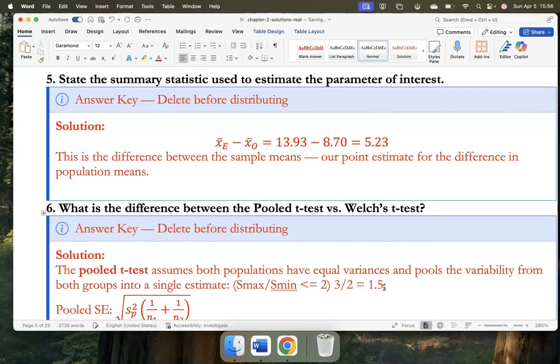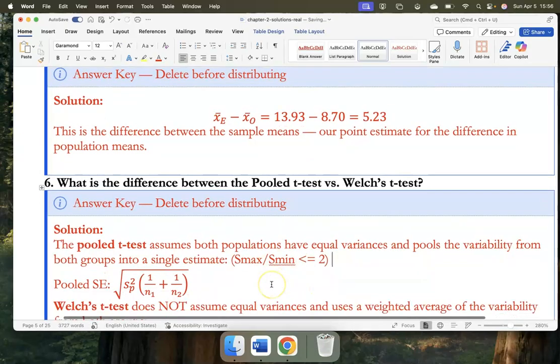But let's say, for example, we had 2 standard deviations, 7 divided by 1, where one standard deviation is 7 and the other standard deviation is 1. This quotient is 7. That tells us that there's a huge difference between these variabilities. Okay, so that's how that works.